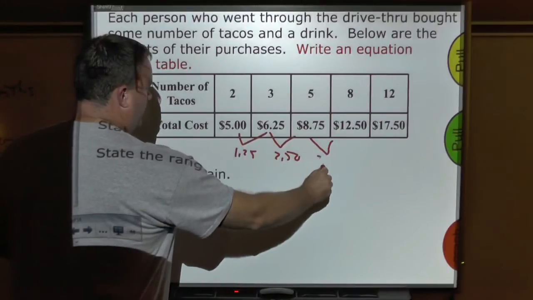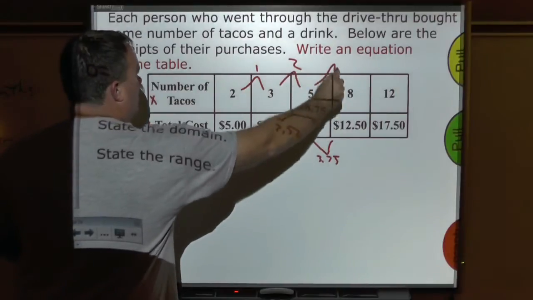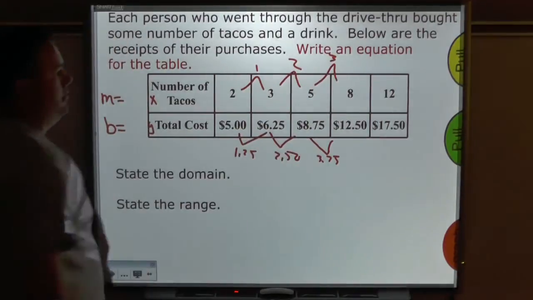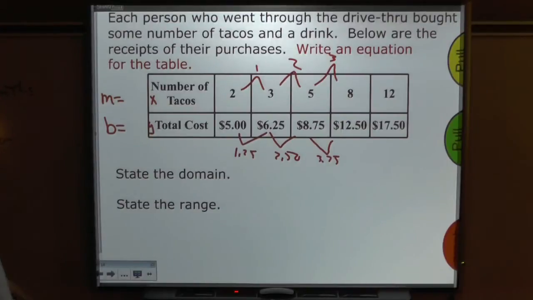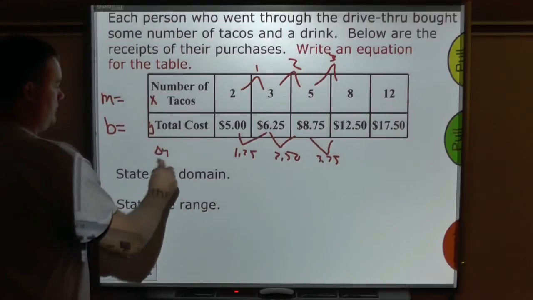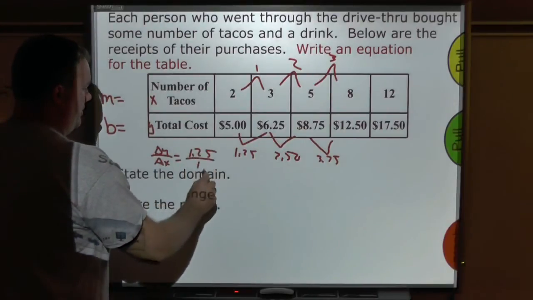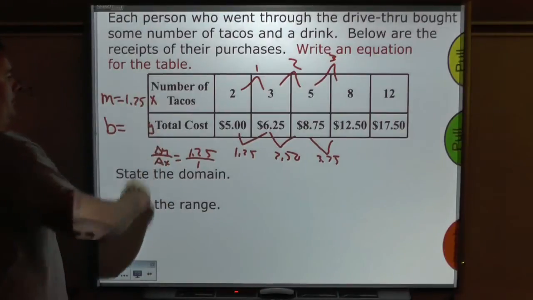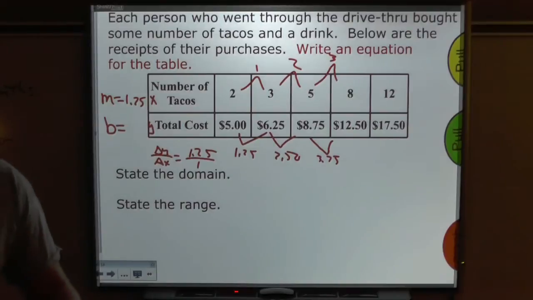All right, you're going to have like $3.75. Up here, change in x, sorry: 2 to 3 is 1, 3 to 5 is 2, 5 to 8 is 3. When you divide these, change in y divided by the change in x, 1.25 divided by 1 gives you $1.25. All right? But you need to find the initial value.